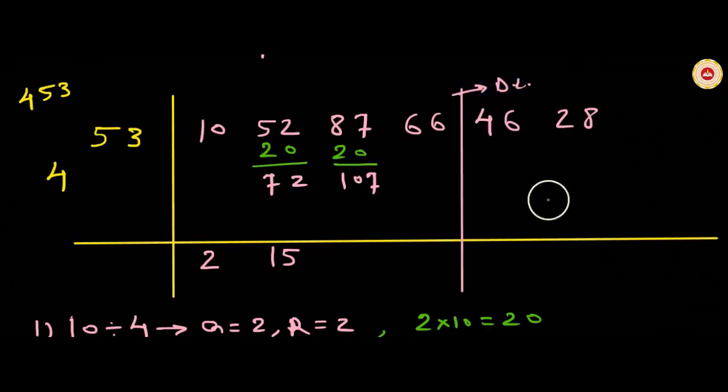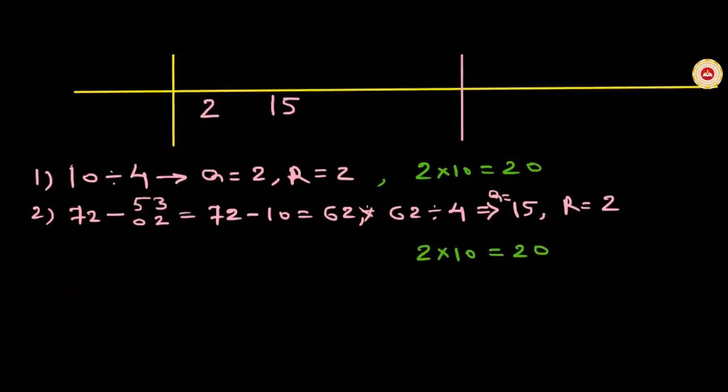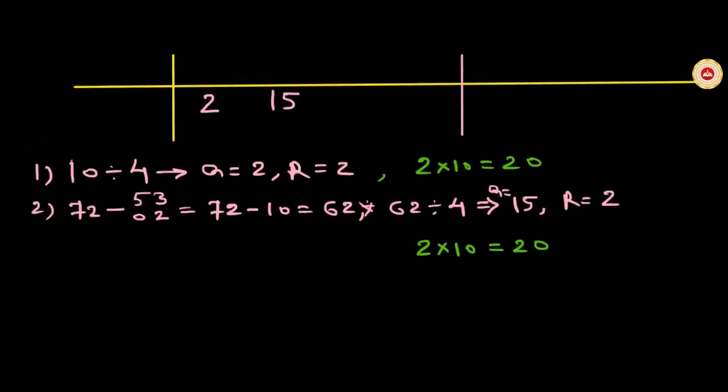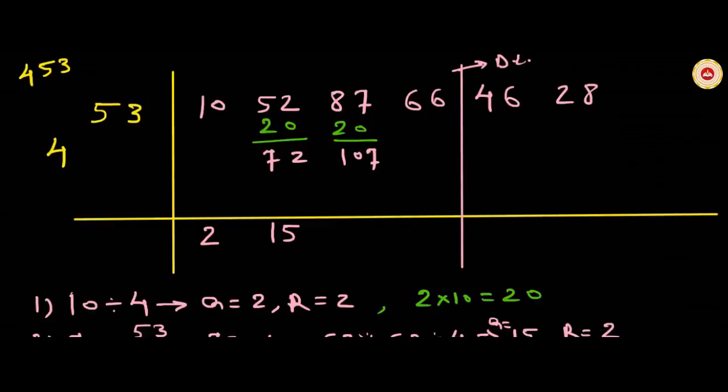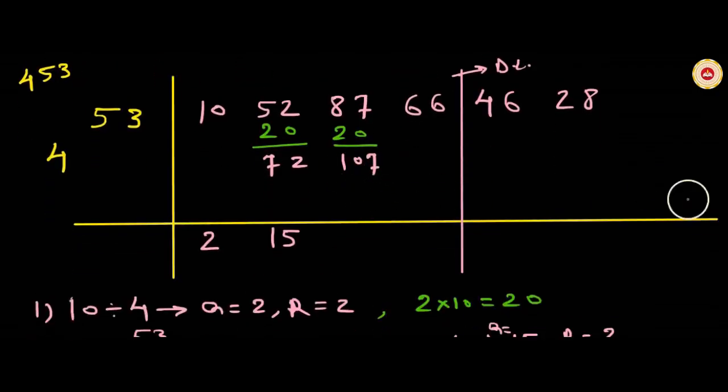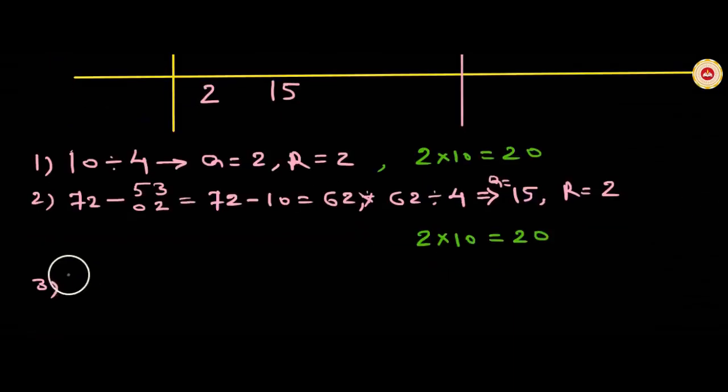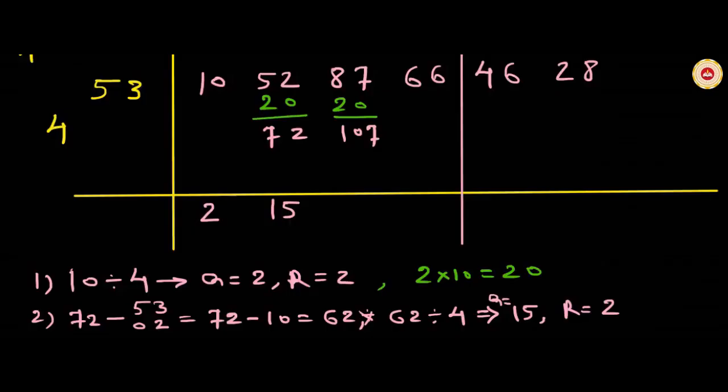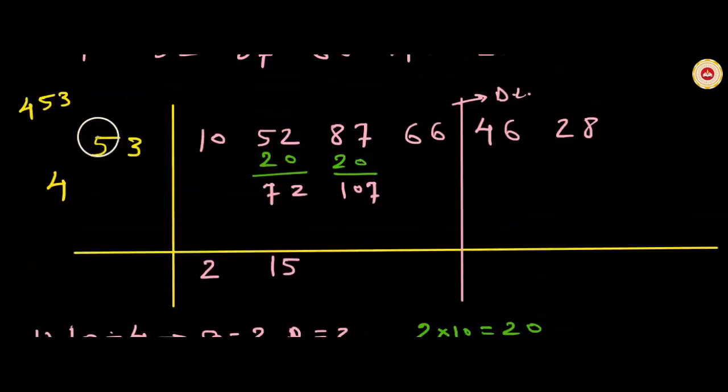So let us resume division. So step number 3. Step number 3 is, what is the gross dividend? The gross dividend is 107. 107 minus what to subtract? The cross product of the two flag digits and the last two quotient digits.